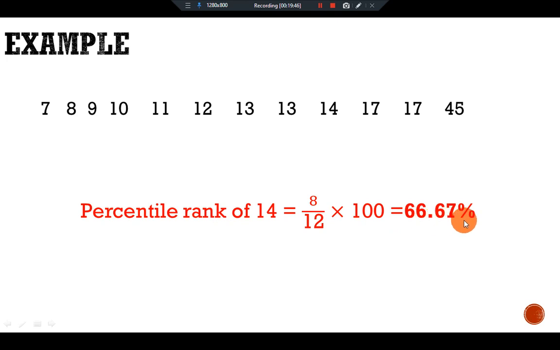Rounding this answer to the nearest integer, we can state that about 67% of the 12 companies had less than 14 billion profit. Hence, 33% of these 12 companies had profit higher than 14 billion.